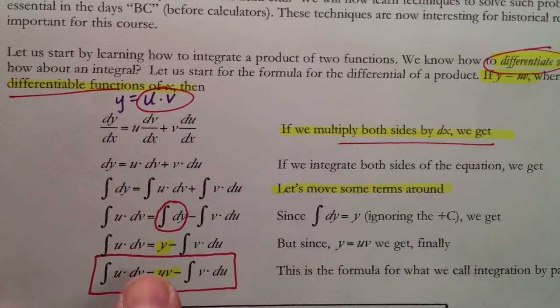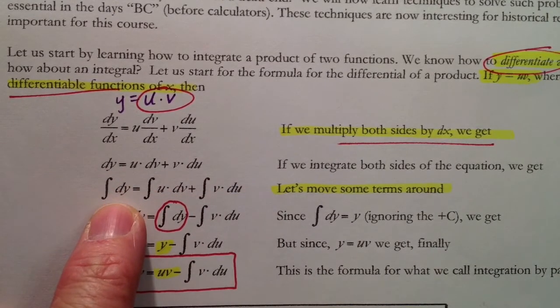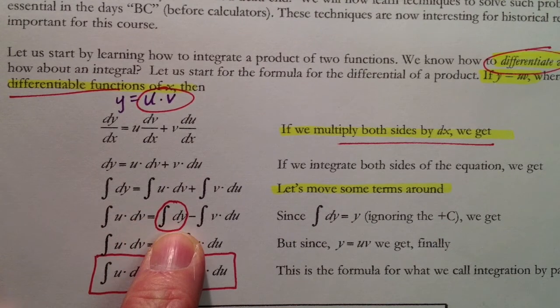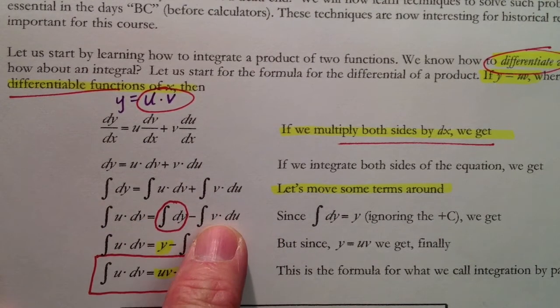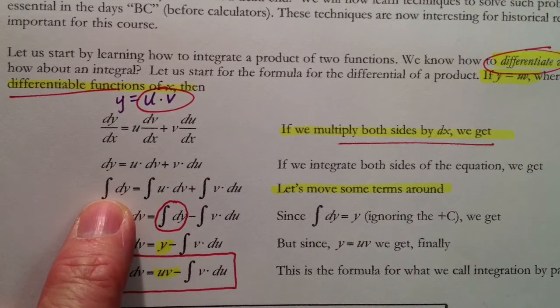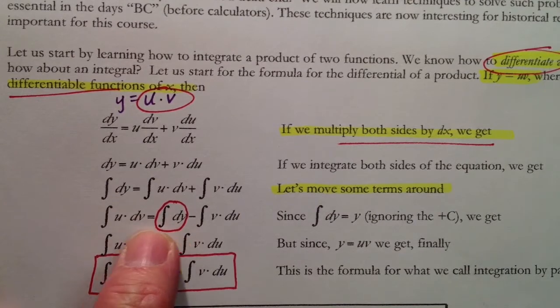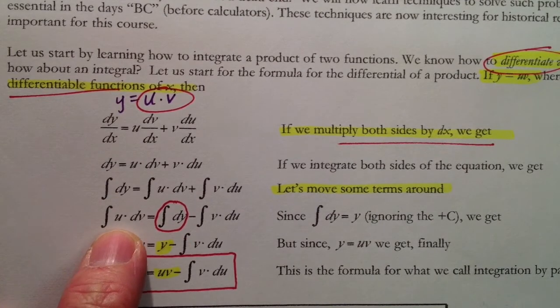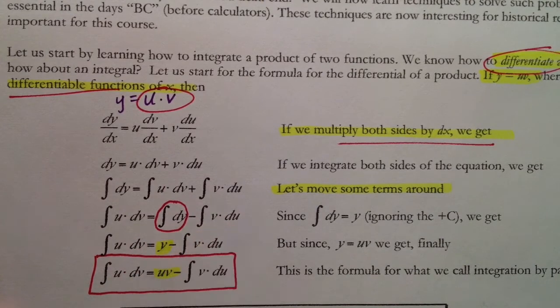Okay, and then we're going to integrate all three parts. First we're going to rearrange the terms. If we subtract v du from both sides, we would get that, and then moving the integral of dy over to the right side, we get the integral of u dv equaling the integral of dy minus the integral of v du.